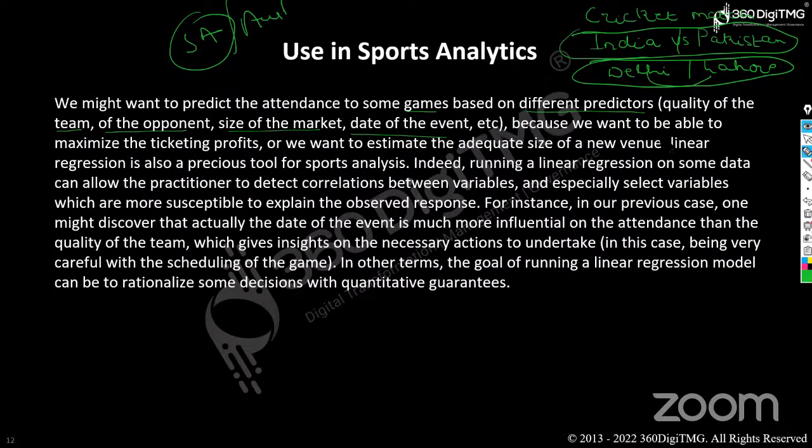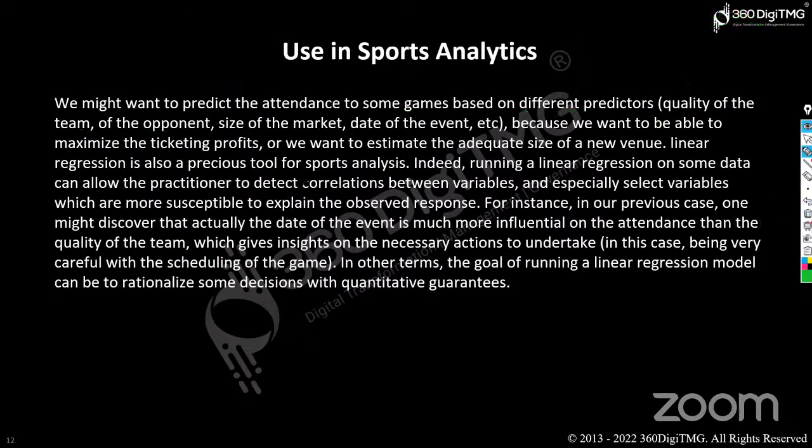Because we want to be able to maximize the ticketing profit, or we want to estimate the adequate size of a new one. The same example. Linear regression is a precious tool for your sports analysis.